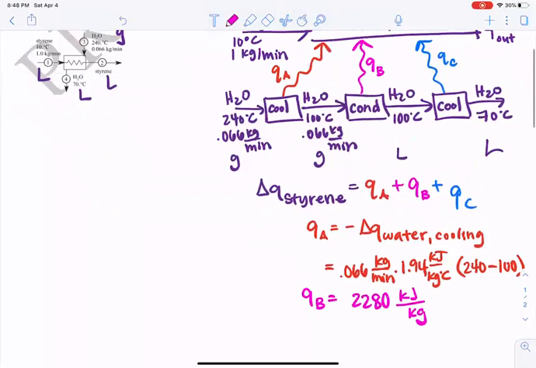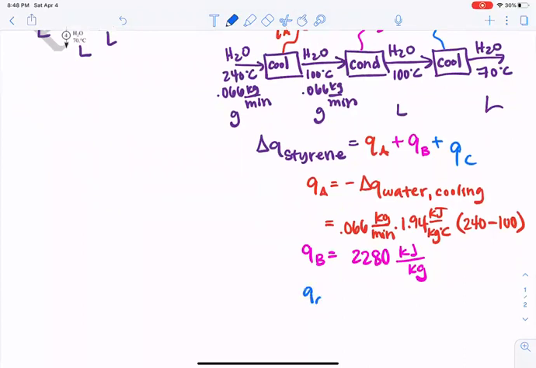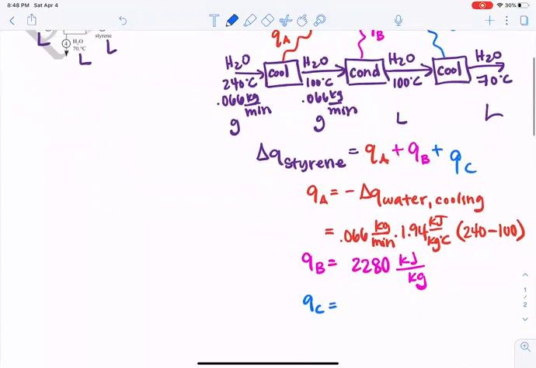So this QB, how much heat is lost, should be positive. And then QC is pretty analogous to QA. So we're going to do 0.066. And now we need the heat capacity of liquid water. So that's 4.17 kilojoules per kilogram degrees C times 100 minus 70.